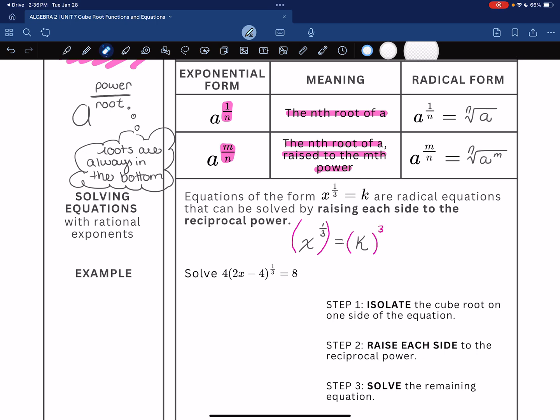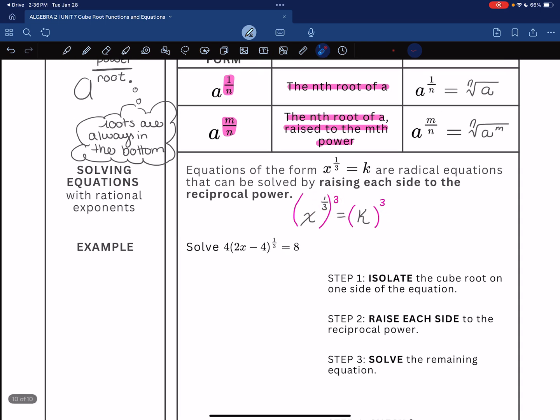I need to cube it because the 1/3 means I'm taking the third root, because the value in the bottom is the root. So I need to do the reciprocal operation of cube rooting, and that is to cube both sides.